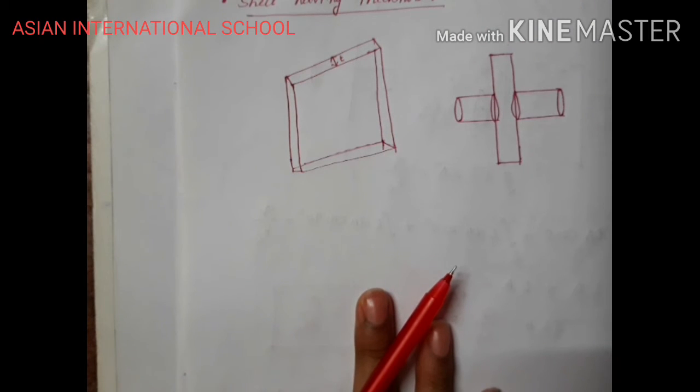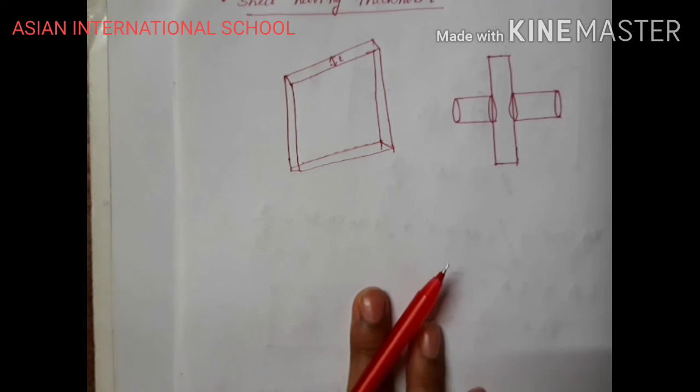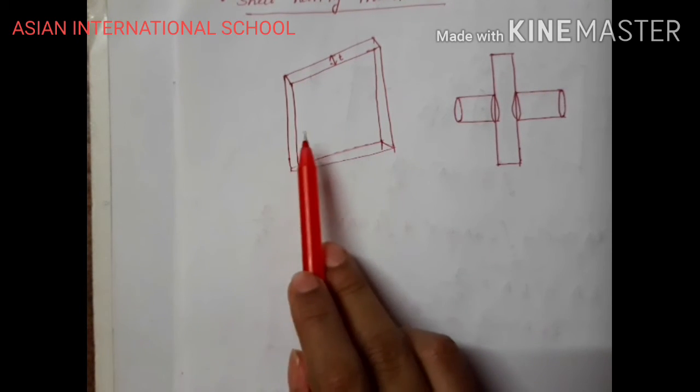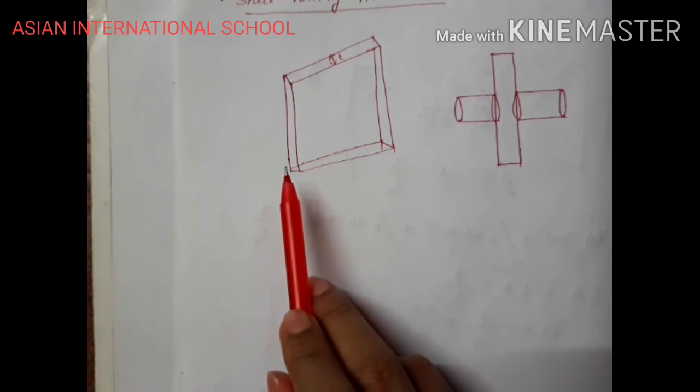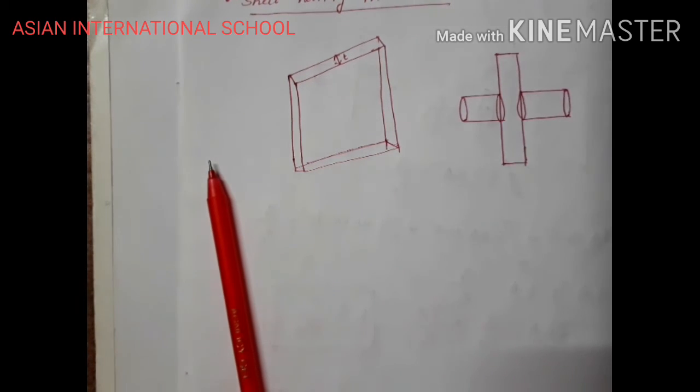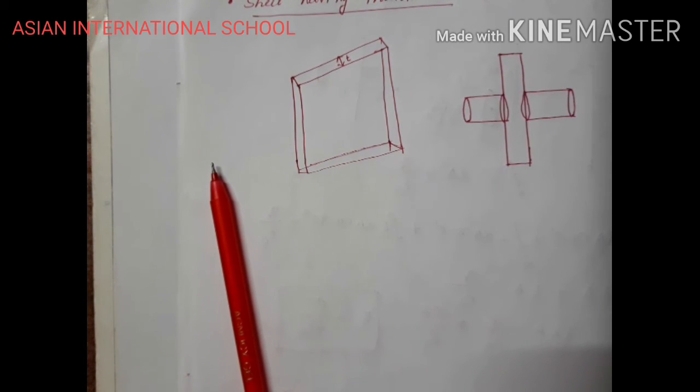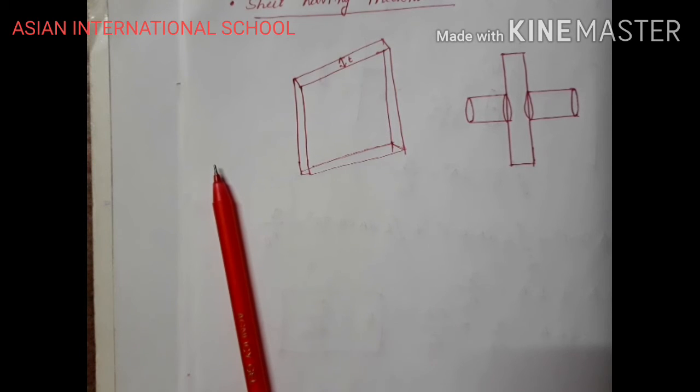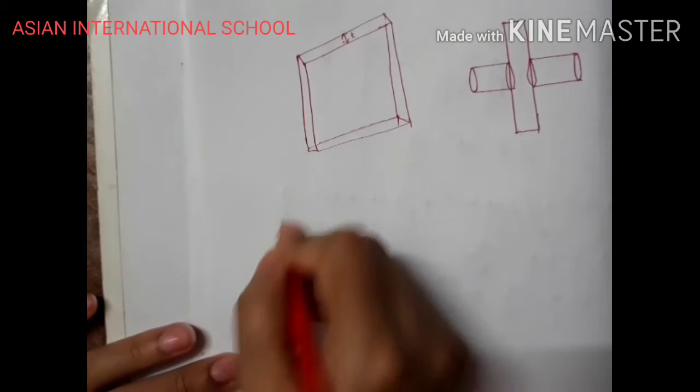But now if I consider a case where your sheet has a thickness, let us consider your sheet is having a thickness T. There are two cases possible: when your sheet is a conductor and when your sheet is a non-conductor. Let us first consider that your sheet is a conductor.